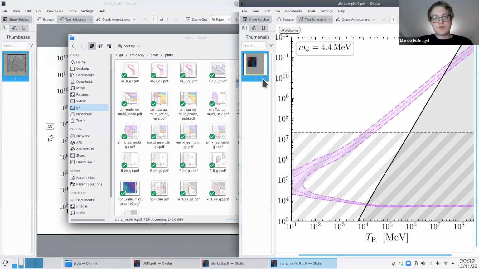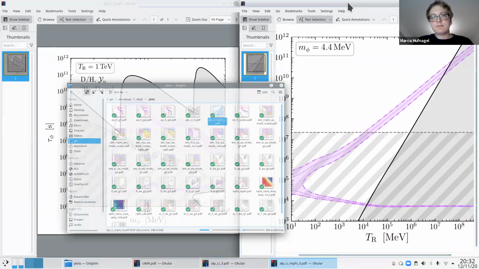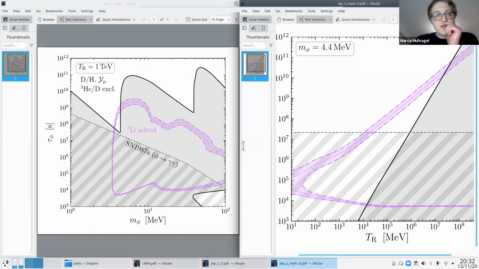For the axion-like particle, what we essentially considered was a lifetime given by the coupling constant, the mass of the particle, and also a reheating temperature, which gives you the start when Primakoff interactions, which are UV divergent, become relevant. In this region, we checked if we can solve the lithium problem.